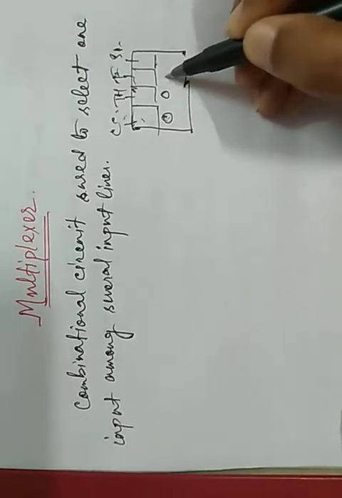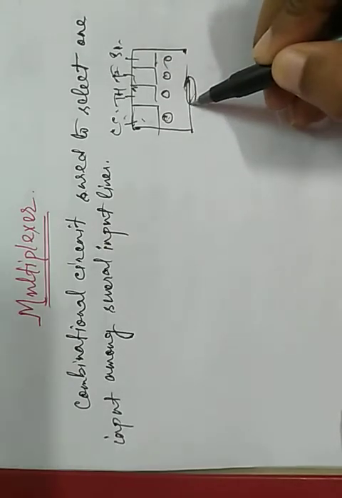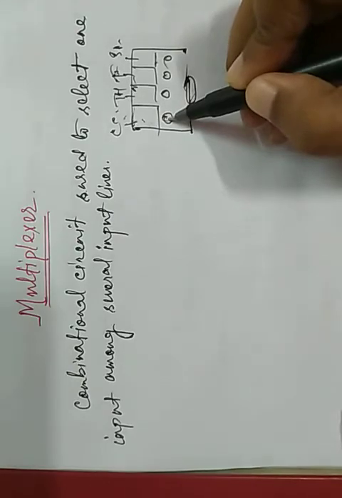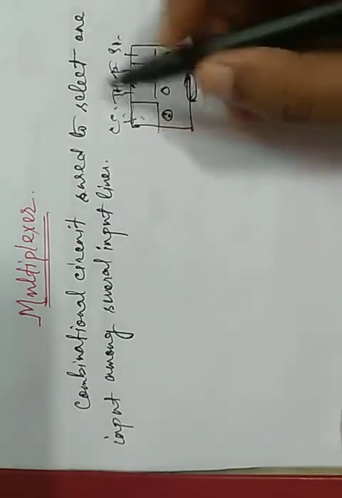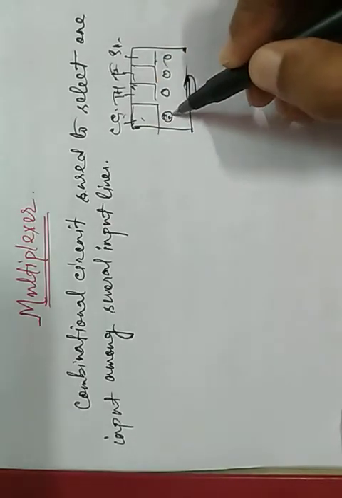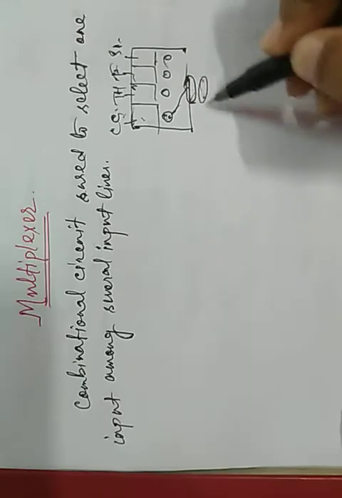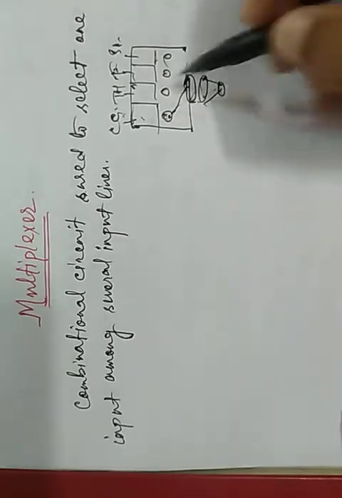There are different buttons and only one output line. Depending upon which desired button we press, that specific type of cold drink comes out and we can get it into the glass.